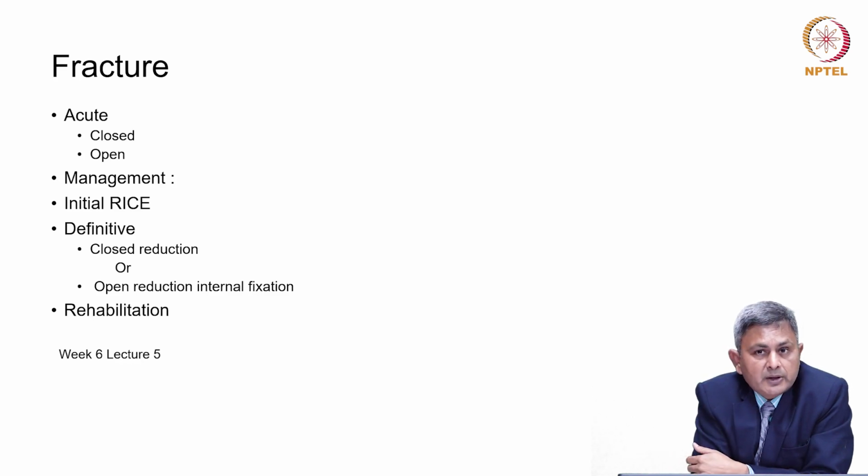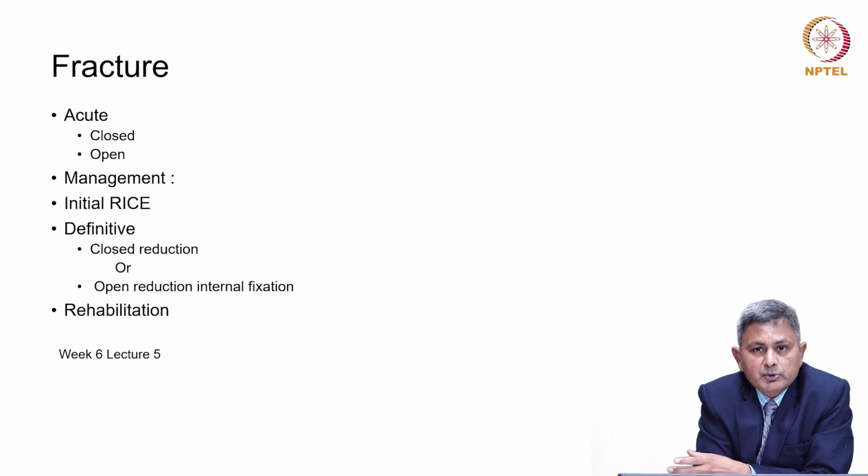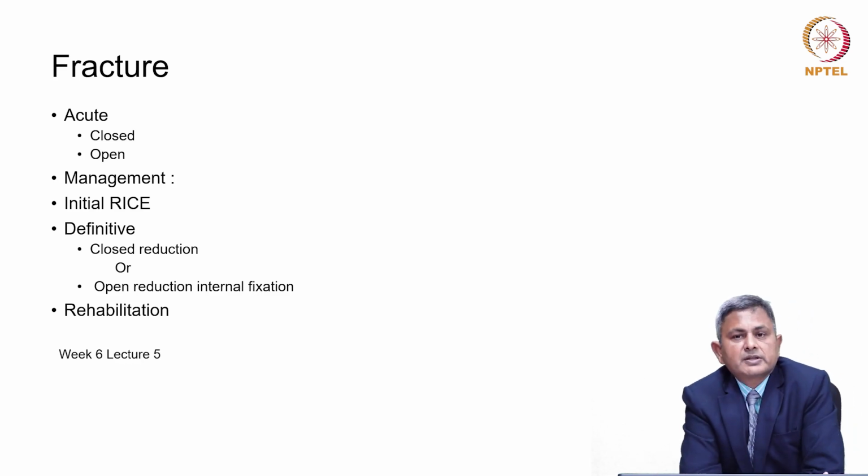Then the definitive treatment: if it is a closed fracture and, with the help of the clinician, you have ruled out any muscle or nerve damage, and the X-ray shows no displacement, you can put it under a cast, the plaster of Paris, for 4 weeks, and then the rehabilitation starts.